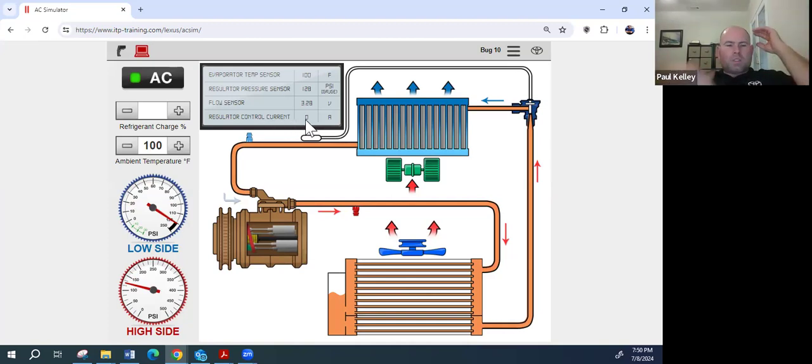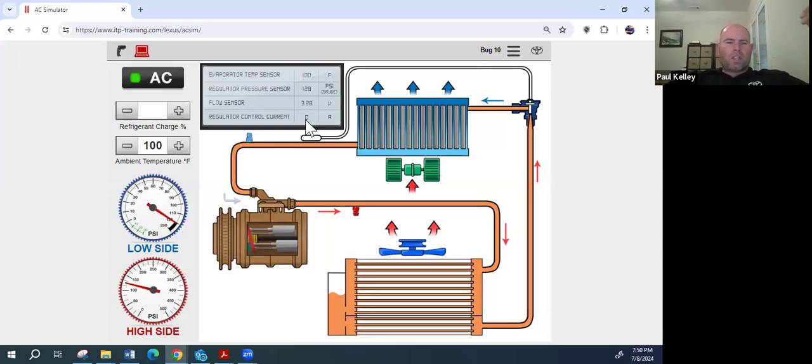So I'm going to explain this to you, but I openly admit the information we got doesn't explain that sensor very well. What I do want to remind you is all of these 3-wire 5-volt sensors have a 5-volt reference and a ground, and then that middle wire is going to vary typically between 0.5 volt and 4.5 volts, depending on whatever it's measuring.